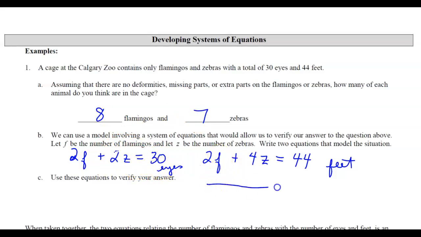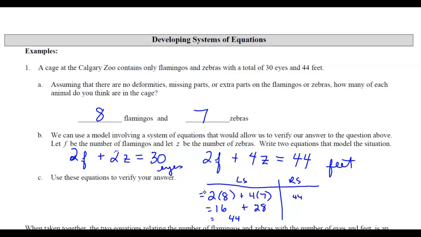But then let's check here. So this is how we would verify. So the left side and the right side of this second equation, you go 2 times the flamingos plus 4 times the number of zebras, and see if we get 44. So that's 16 plus 28, and that's 44. So my random guess was actually quite accurate. It was exactly accurate. So that's how many there will be.